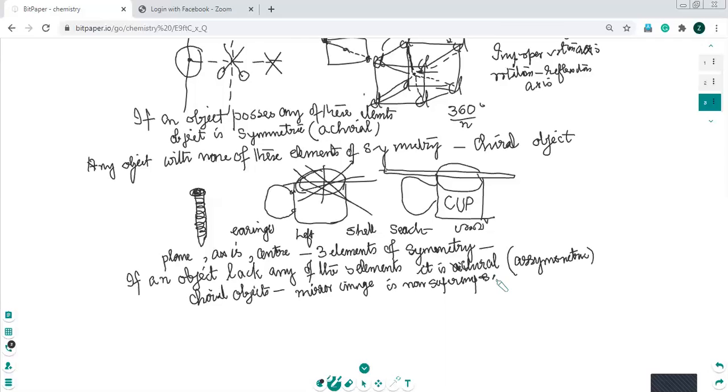Non-superimposable. What is the meaning of superimposable? Superimposable means: superimpose one over the other.